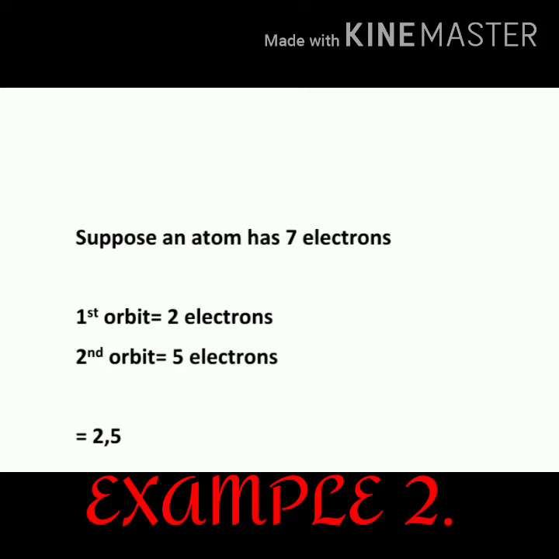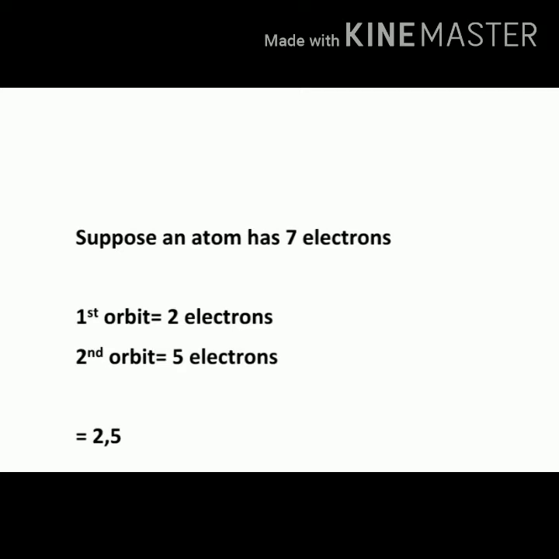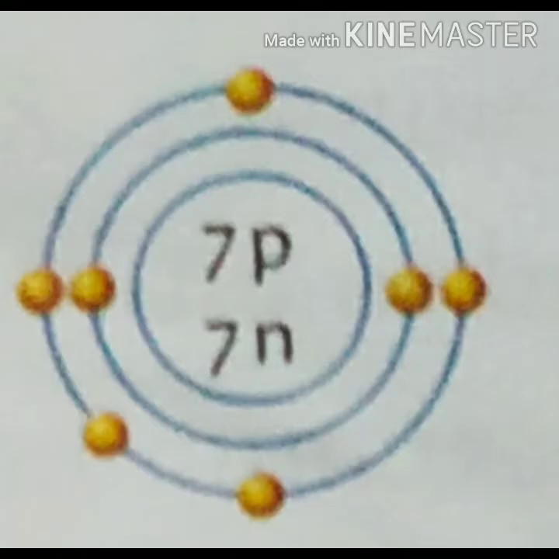Now let's see the second example. The second example was an atom with 7 electrons. The electronic configuration we calculated was 2, 5. That means this atom has only 2 orbits. So first draw the nucleus with the number of protons and number of neutrons.